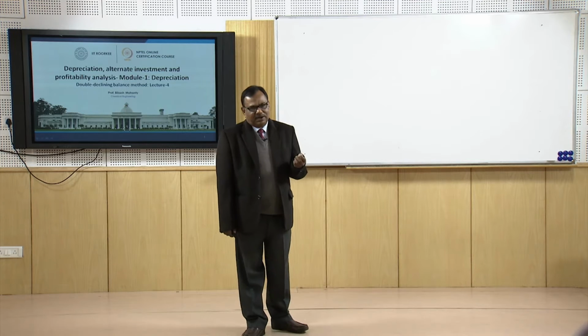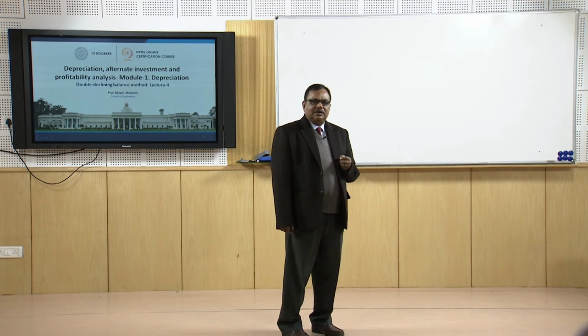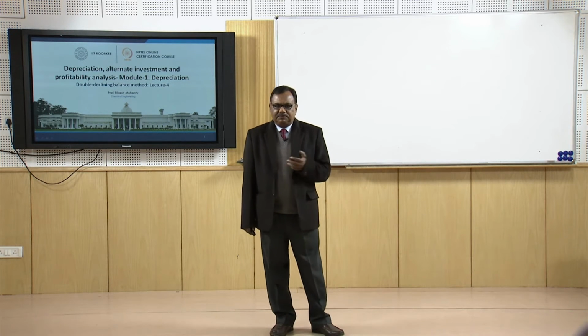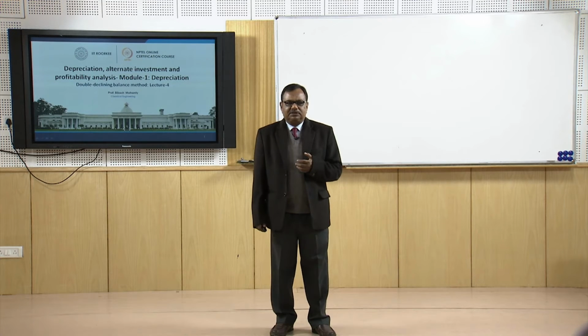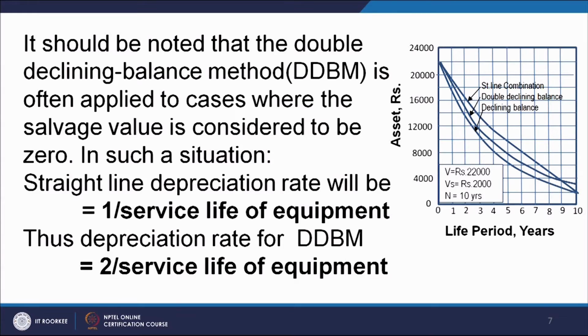If the accelerator factor is 2, this is the 200% declining balance method, and if it is 1.5, it is the 150% declining balance method. It should be noted that the double declining balance method is often applied to cases where the salvage value is considered to be 0.